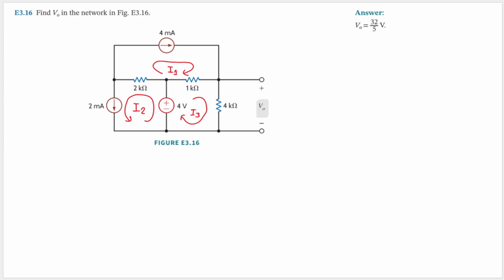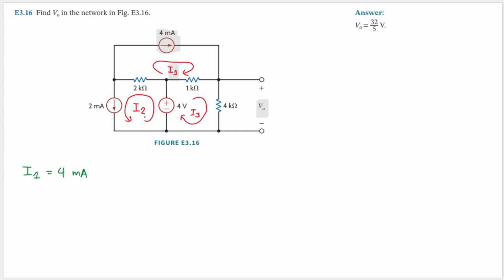But then right off the bat, we know that I1 here is the same as this current source here, right? Because that is the only current that passed through this branch here. So we will have I1 is the same as 4 milliampere. So let's save that. Good.